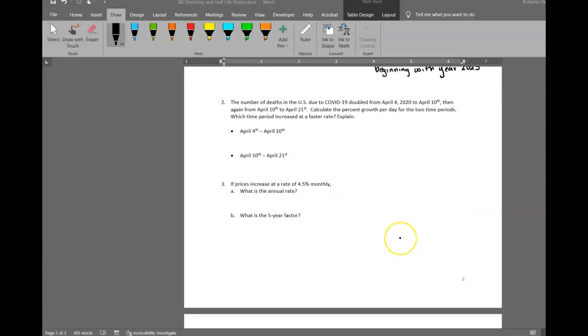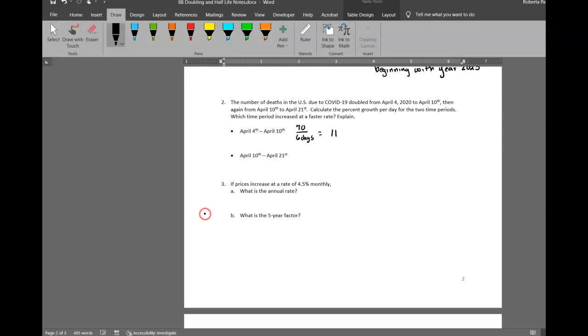A couple of other scenarios. The number of deaths due to COVID from April 4th to April 10th, April 10th to April 21st. We want to calculate the percent growth, so we're going to use the rule of 70. So this is 70 divided by 6 days, and that's going to tell us what the percent was, since it doubled in 6 days.